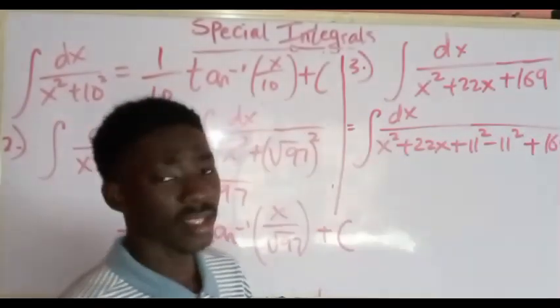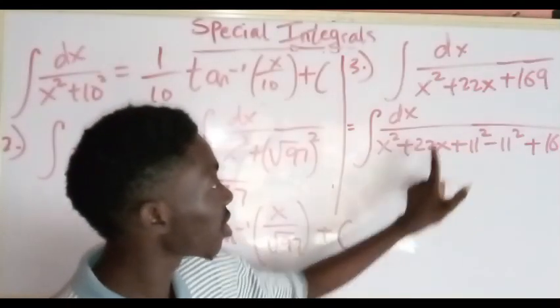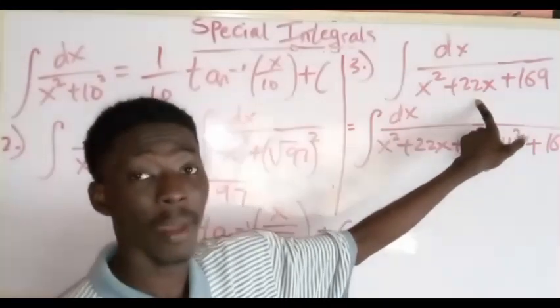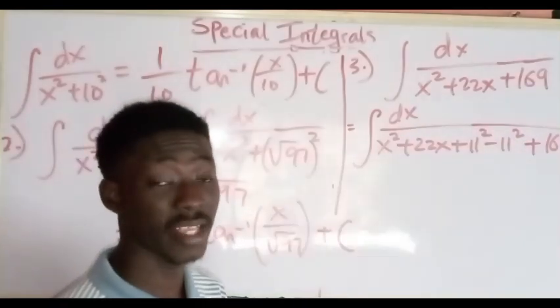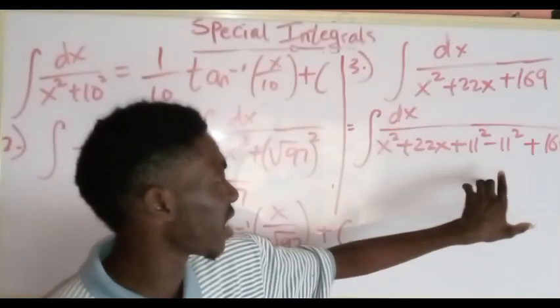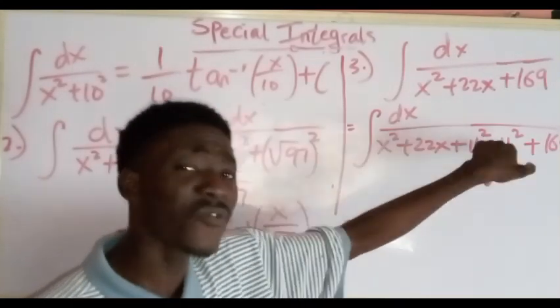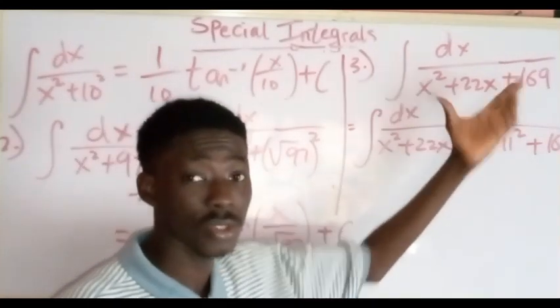So I added half of b, squared. The b here is 22. So b over 2 is 22 over 2, and that is 11. I'm squaring that, and I'm subtracting it because it doesn't exist here. Whenever I add something here, I have to remove it again to cancel out, to become 0, to lead back to this.